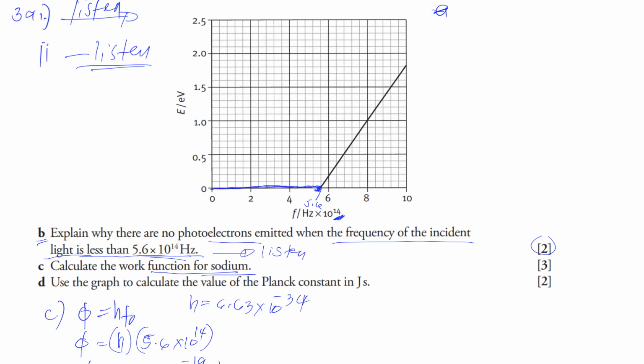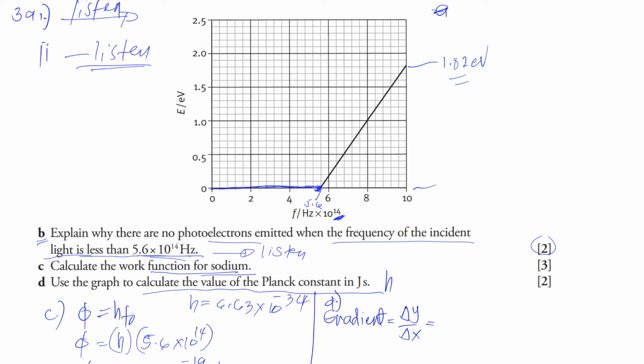Let's go to D. Use the graph to calculate the value of Planck's constant. Planck's constant is h, so the value is the gradient itself. The gradient is the change in y over the change in x. So what is our change in y? By looking at the graph, this is around 1.82, to be honest with you, electron volt.